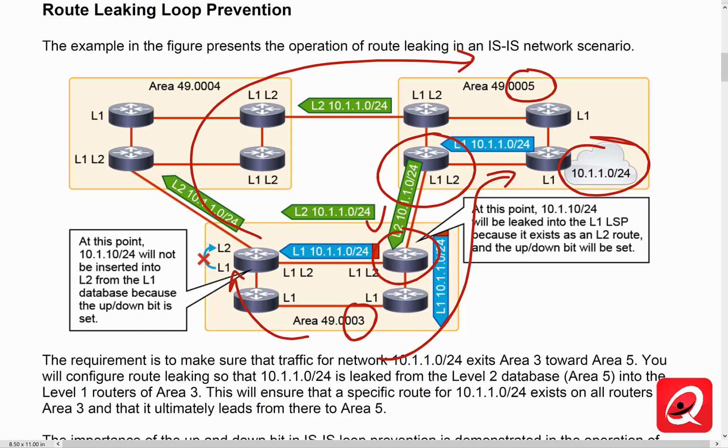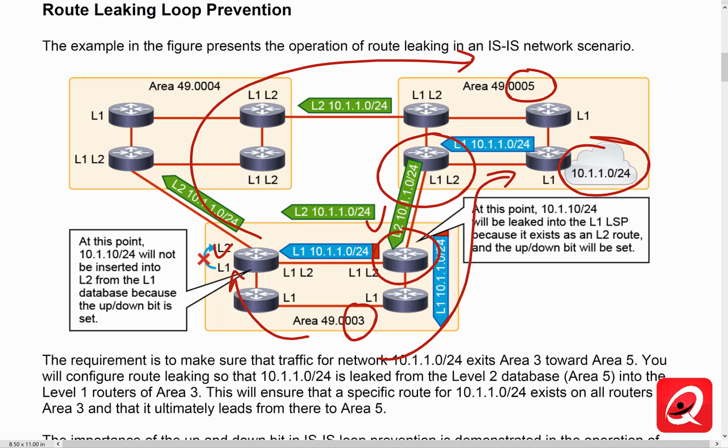But we're going to flip that flag to indicate that this is a leaked route. So when that route does finally reach this destination, it's not going to be leaked back out to area 4. It's just a simple loop prevention mechanism. The specific route for 10.1.1.0 will exist on all the routers for area 3.